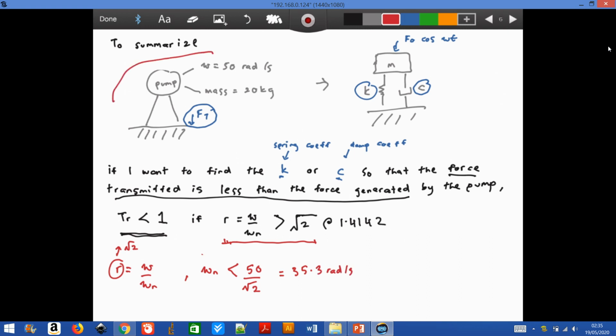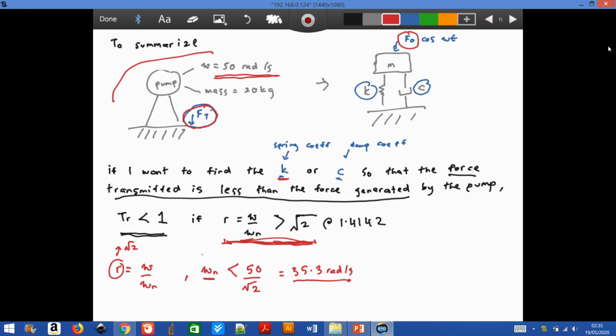So generally I know that the omega is 50 radian per second. So in order for me to ensure that the force transmitted is less than the force generated, I need to ensure that the frequency ratio is larger than square root of 2. Therefore, to identify the k, we need to find the omega n first. So the threshold is 35.3.